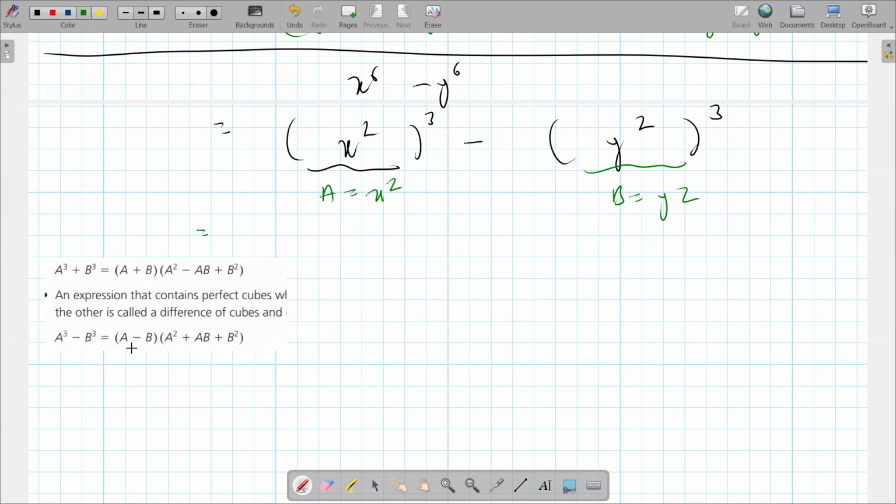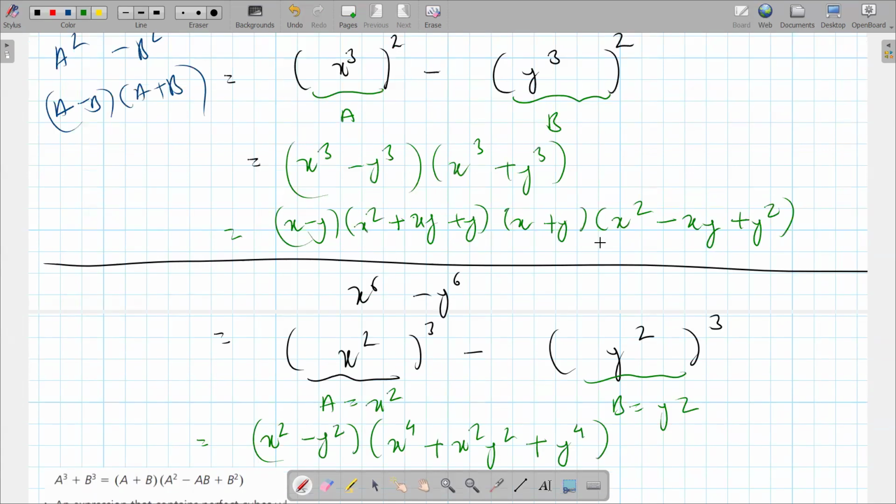So it'll look like a minus b, so it'll look like x squared minus y squared times a squared, so it's going to be x squared squared, so it ends up becoming x^4 plus x squared y squared, ab, plus b squared, plus y^4.